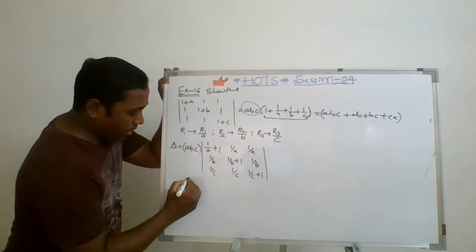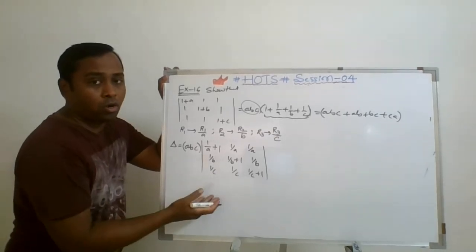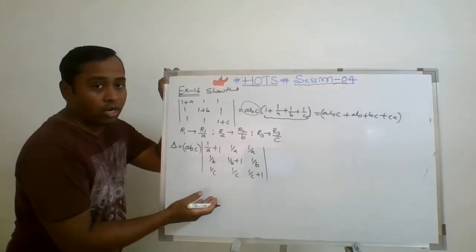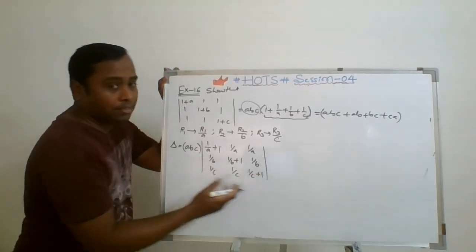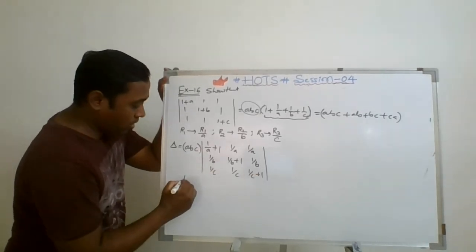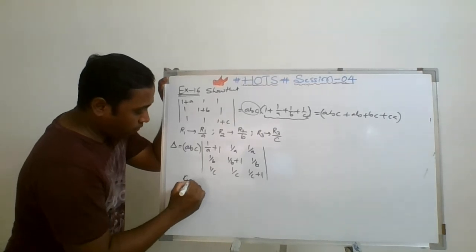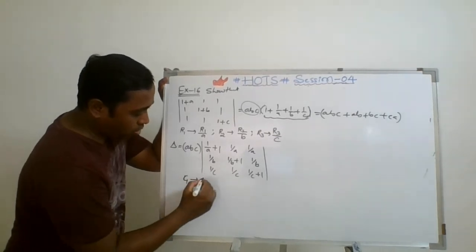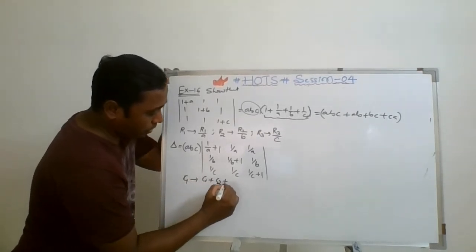Now by simply adding all the columns to one particular column, because these elements are again cyclic in nature. So I am modifying column 1 by adding C1 plus C2 plus C3.